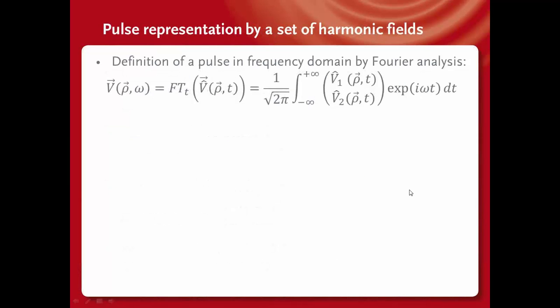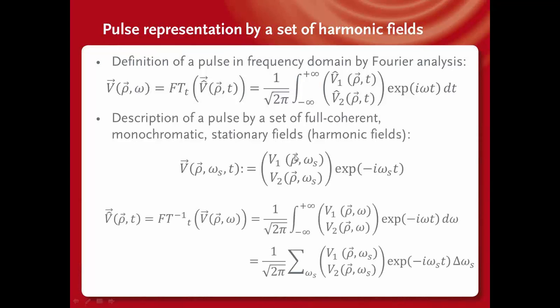So if we talk about a pulse, of course it's very important to think about the temporal properties of the electromagnetic field. And here we are mainly using a Fourier analysis. That means that in VirtualLab the pulses are represented in the frequency domain, given here by this omega. And that means that you can describe a pulse by a set of fully coherent monochromatic stationary fields, which we also call harmonic fields.